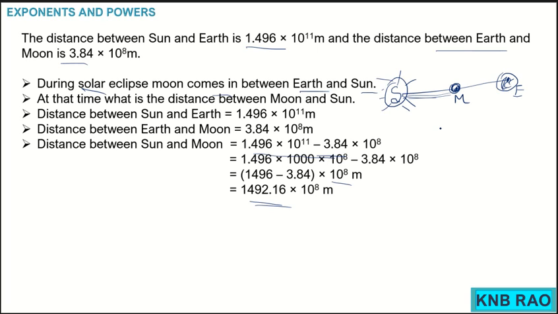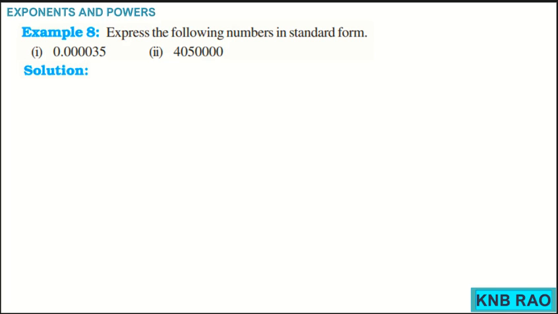So children, we have seen enough examples for the operations and standard form of numbers. Now let us go for exercise or example questions from the textbook. In example number 8 of the textbook, we are given: express the following numbers in standard form.